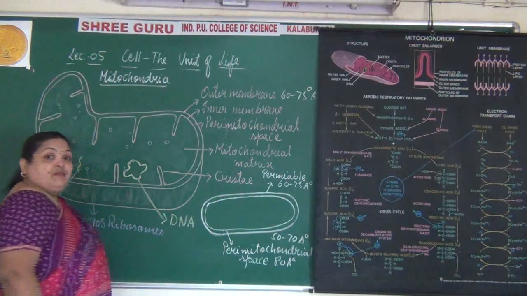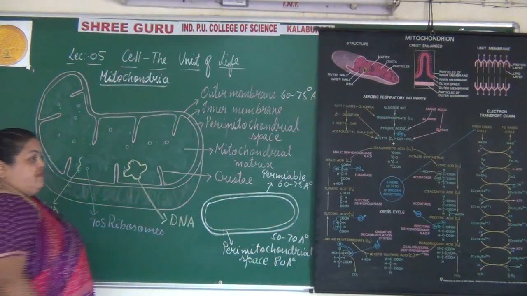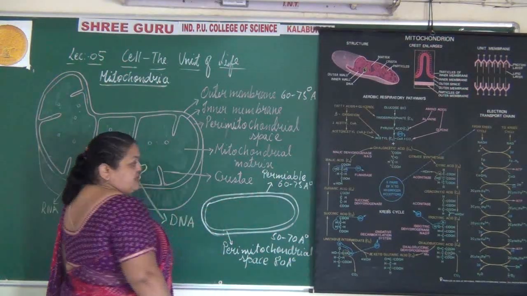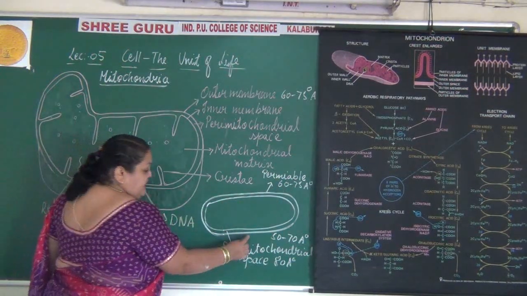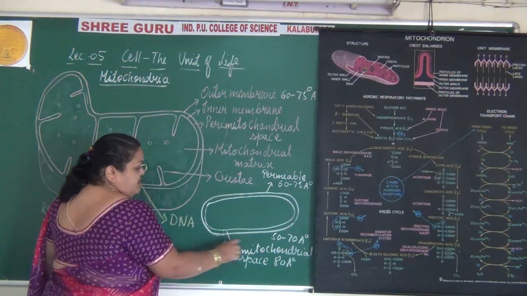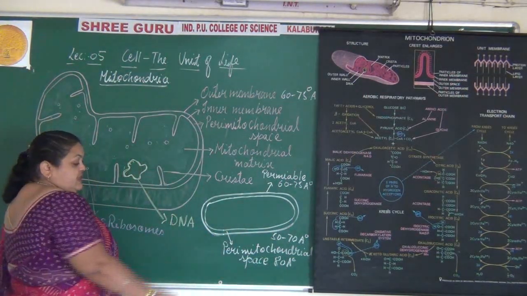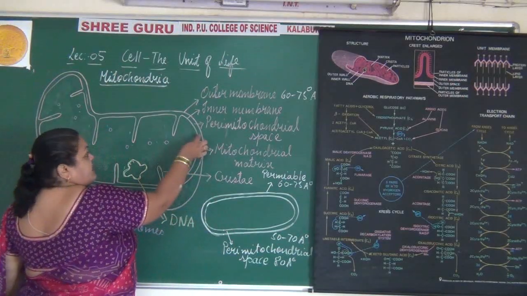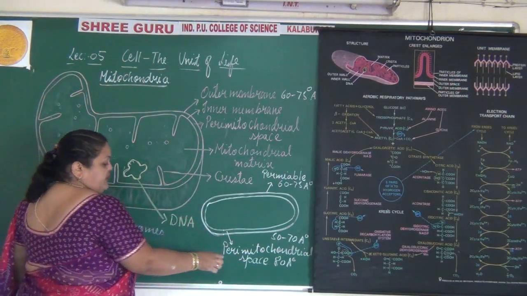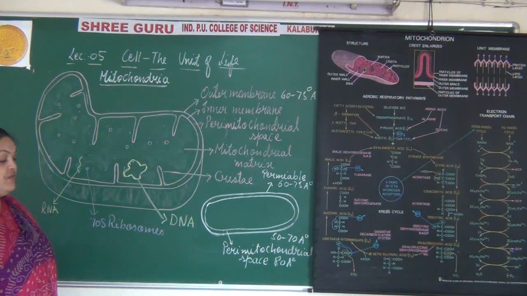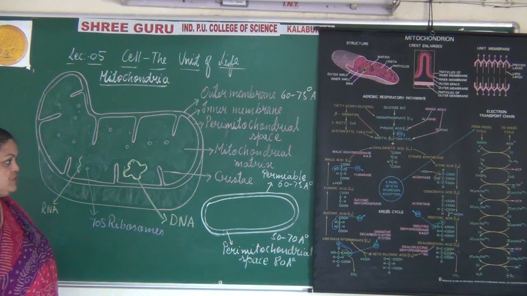It is a double membrane organelle where the outer membrane is permeable with 60 to 75 angstrom. The inner membrane, this is the inner membrane, is 50 to 70 angstrom units. The space between the outer and the inner membrane is known as the perimitochondrial space, which is about 80 angstroms.